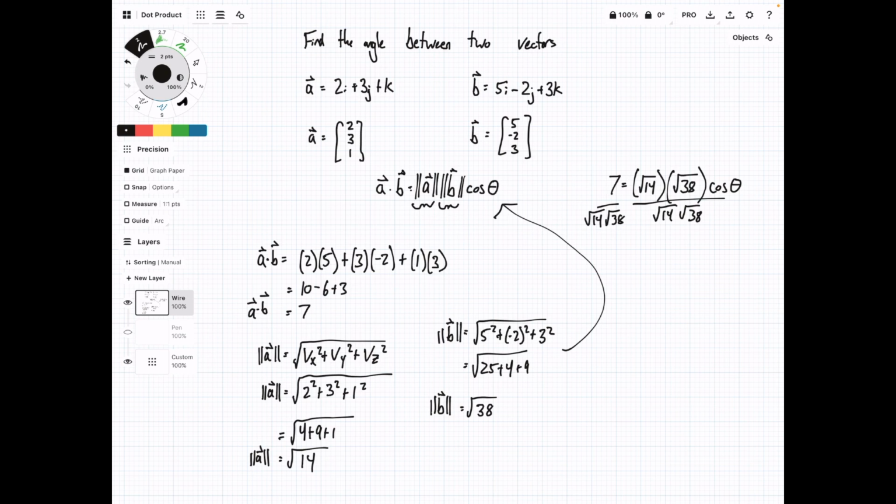And then let's plug this into a calculator. 7 divided by square root of 14 times square root of 38. And we get that cosine of theta is equal to 0.3035, we'll say. And then we'll take the inverse cosine of this, and we get that theta is equal to 72.33 degrees.